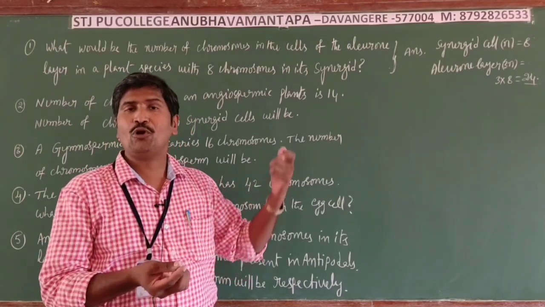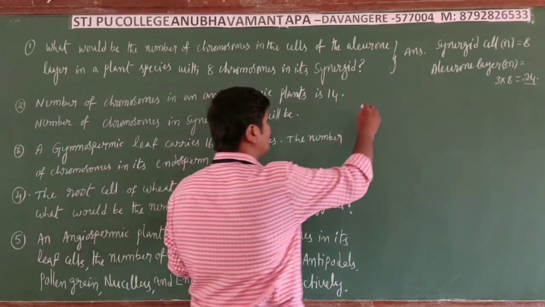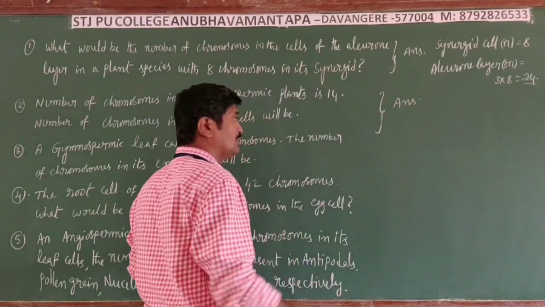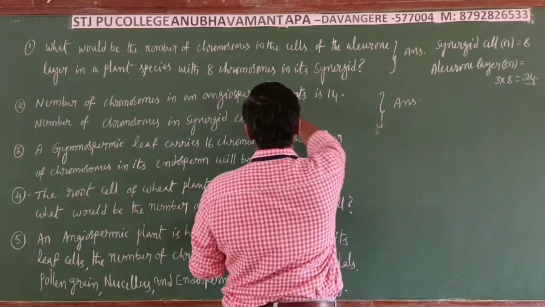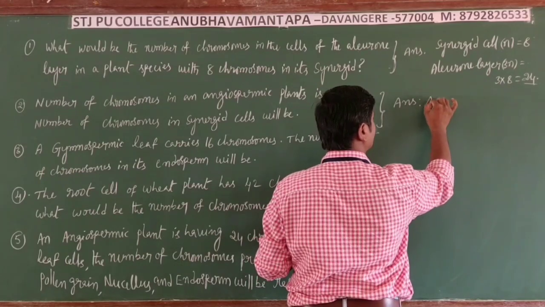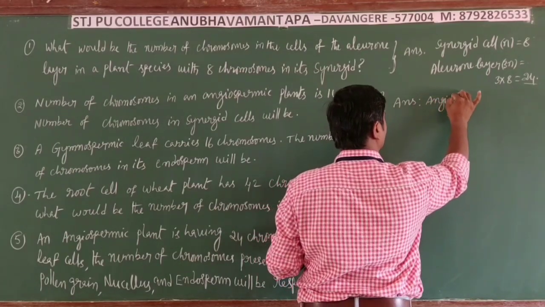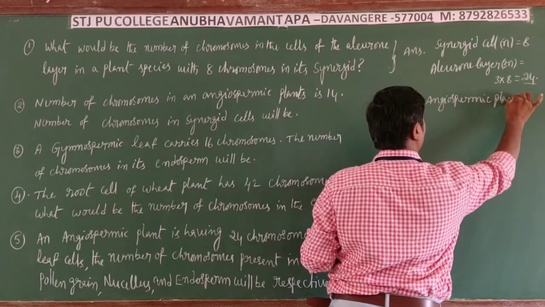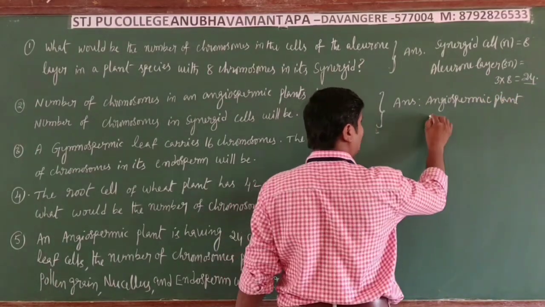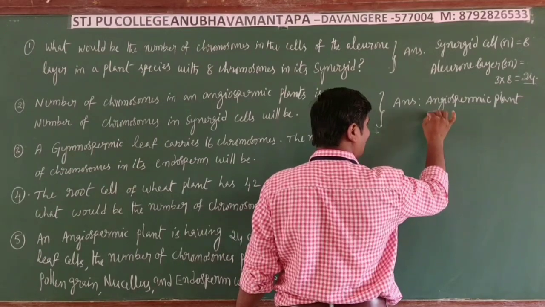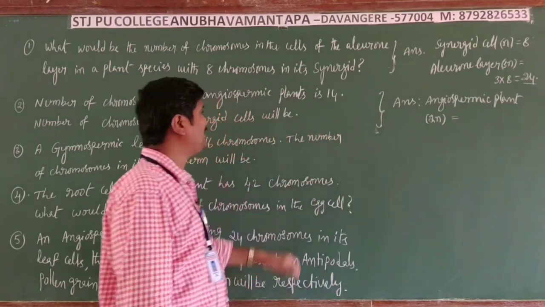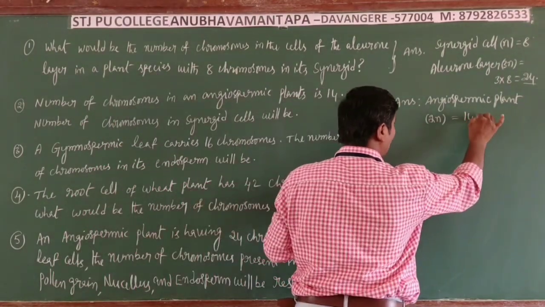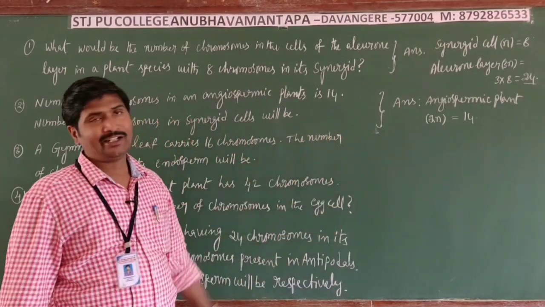The sporophyte is diploid. Answer: the angiospermic plant is diploid, 2N. The main plant body is a sporophyte. So 2N is equal to 14 chromosomes.